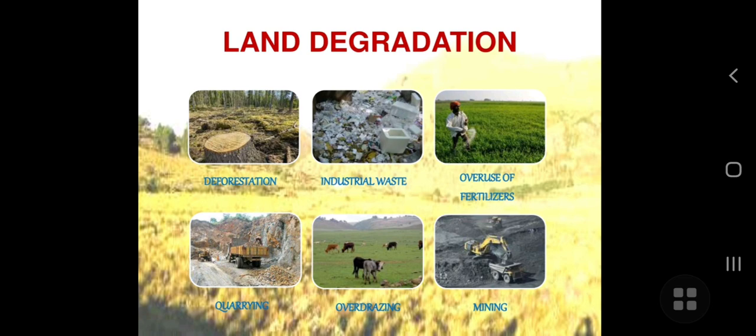Right? Various developmental activities, multi-purpose river projects and mining activities, have induced many disasters which have been the result of these human activities only, these developmental activities only.